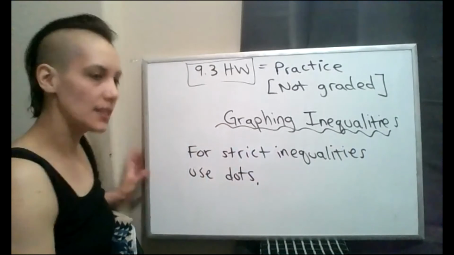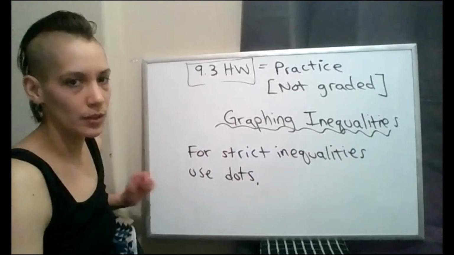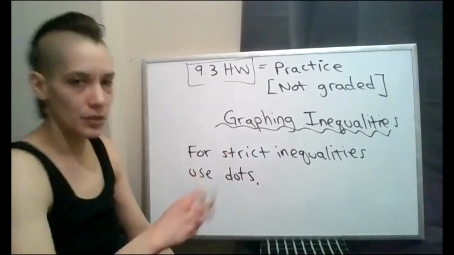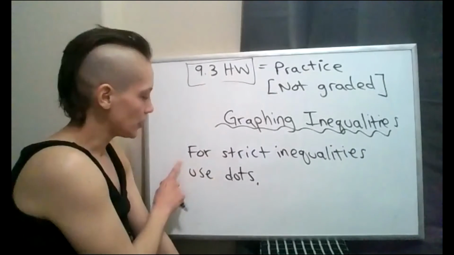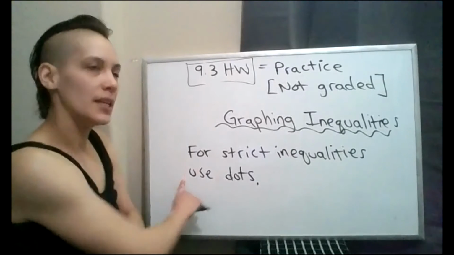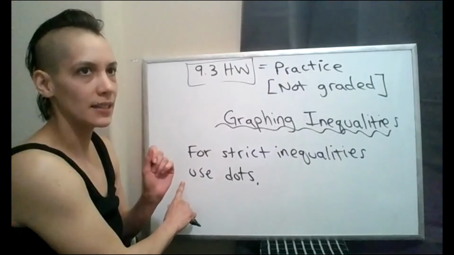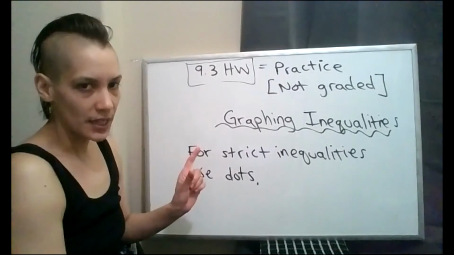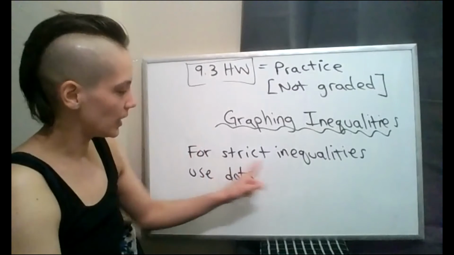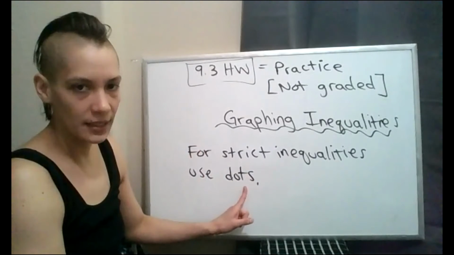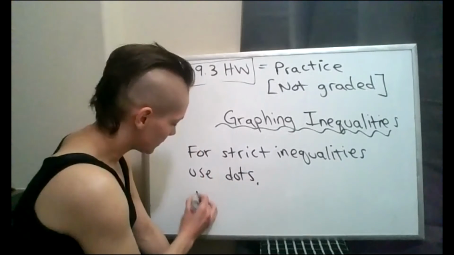And for less than or equal to or greater than or equal to, use a solid line to graph your function. So you're drawing a quick graph of the function and pretending the inequality sign isn't there, putting an equal sign there for a moment. But when you draw it, either draw it as a dashed line or a solid line.